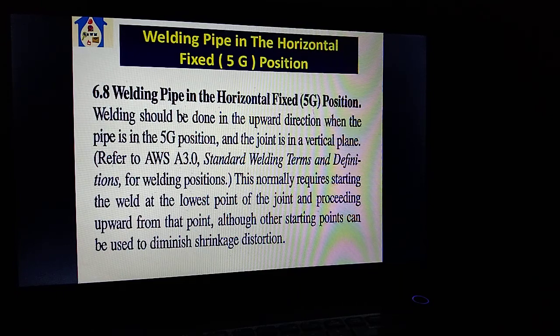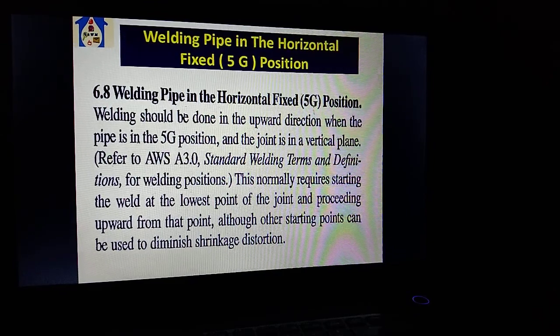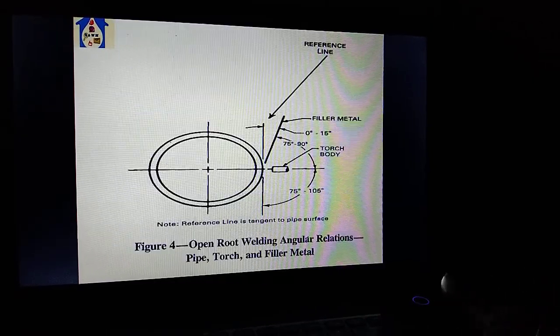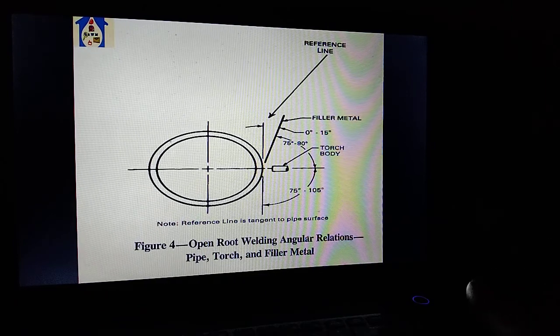The normal starting point would be at the lowest point of the joint, progressing upward from the joint, though other starting points can be used to offset shrinkage direction.